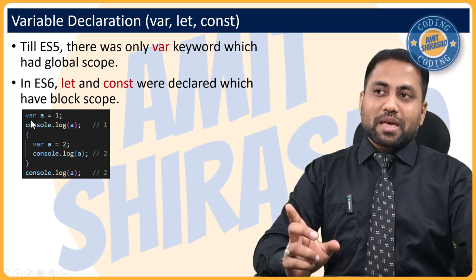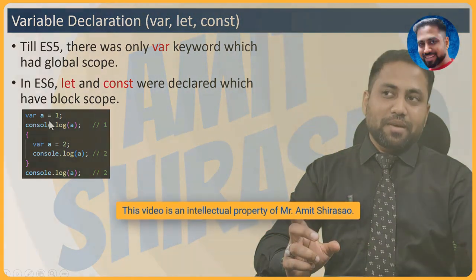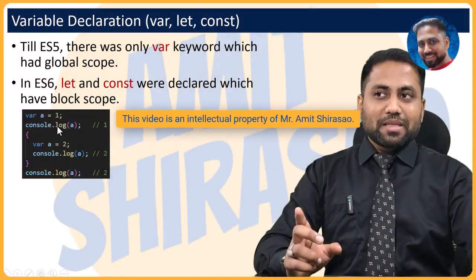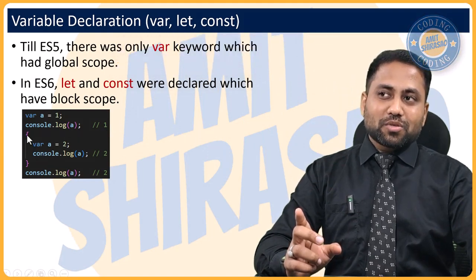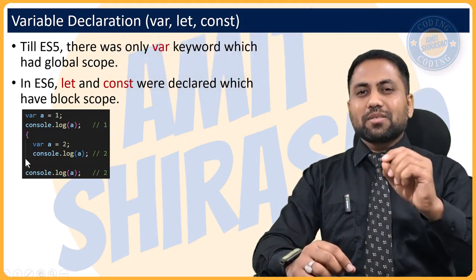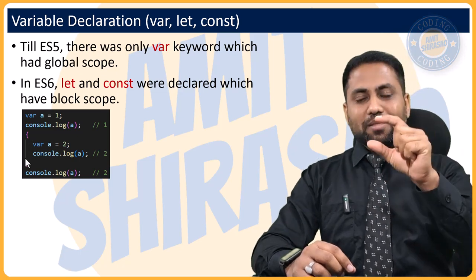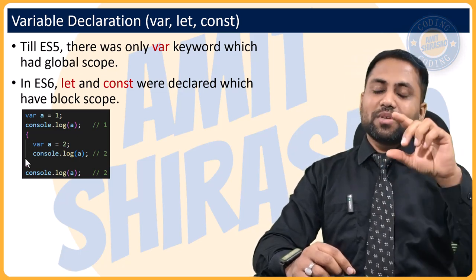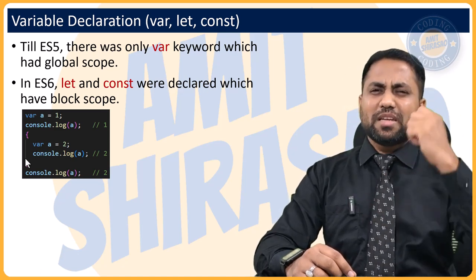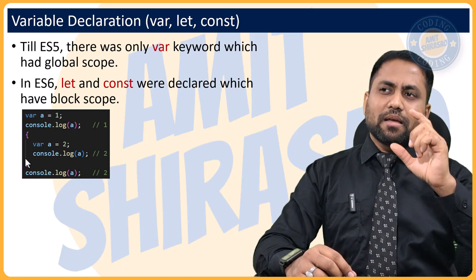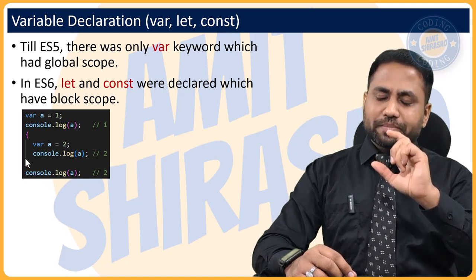Now what is a block scope? If you say var a equal to 1, then its value over here is 1. Then you create a block. Any curly braces is called a block. It can be the curly braces of a function, of a conditional statement, or of anything. It is still a block.